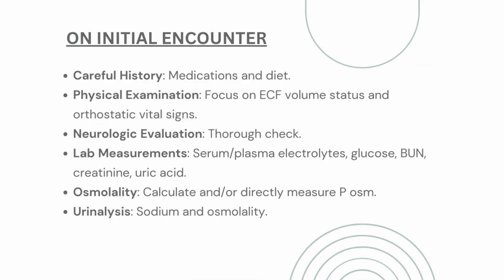Okay, let's dive in. On the initial encounter, whenever we are seeing a patient with hyponatremia, we should take a careful history, including medication and diet. A physical examination should focus on extracellular fluid volume status and orthostatic vital signs, a thorough neurologic examination, and lab measurements of serum plasma electrolytes like sodium, potassium, glucose, BUN, creatinine, and uric acid.